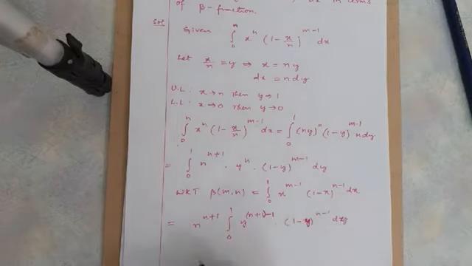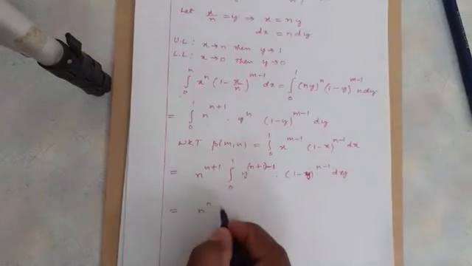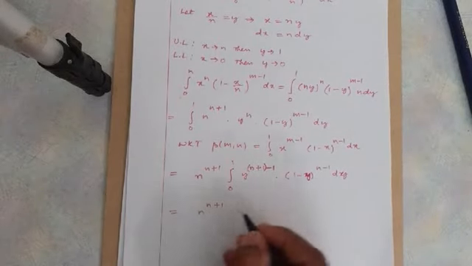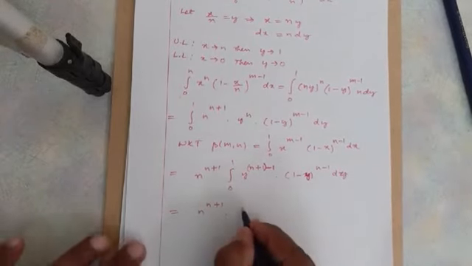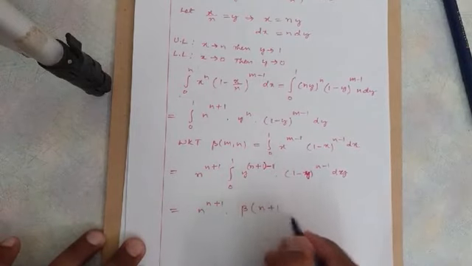So if it is the case, this is equal to, we can write directly, n power n plus 1 into beta of n plus 1 comma m.